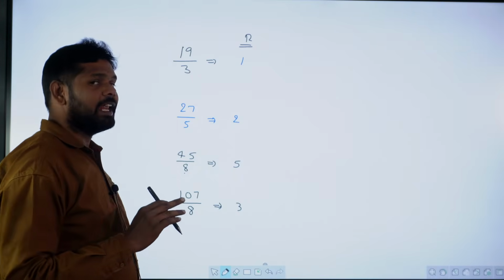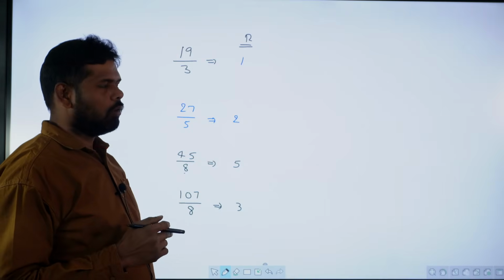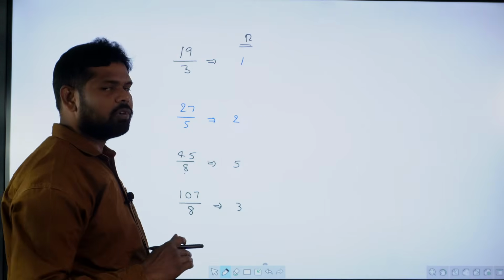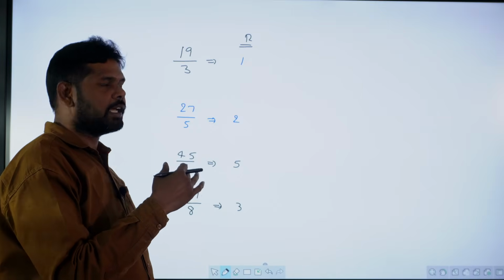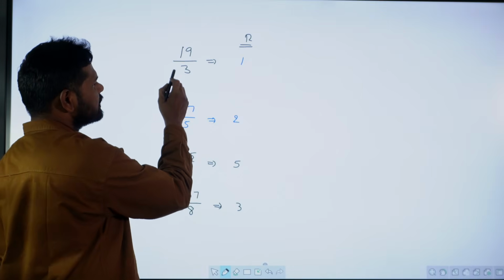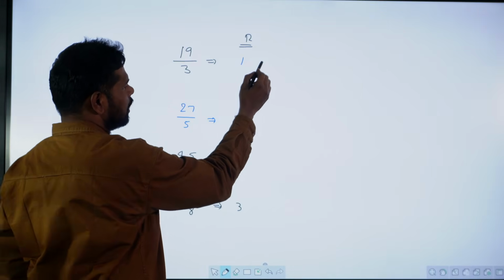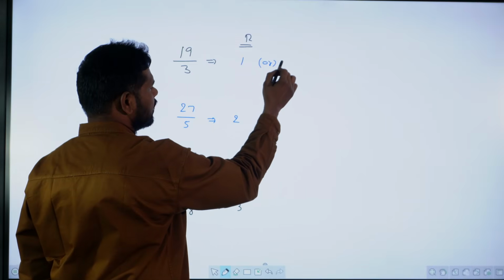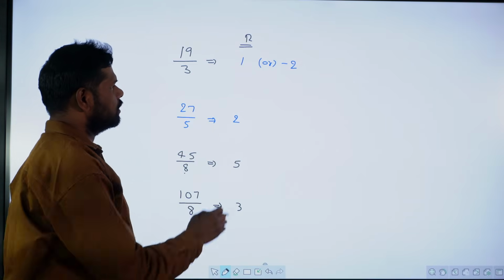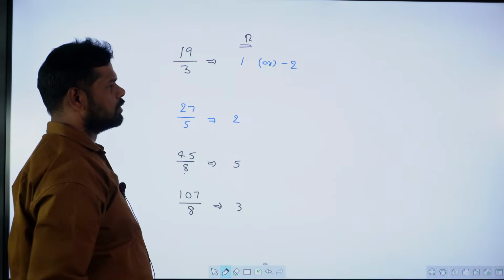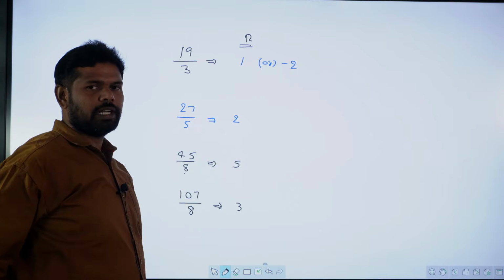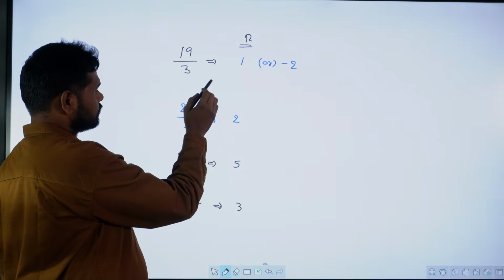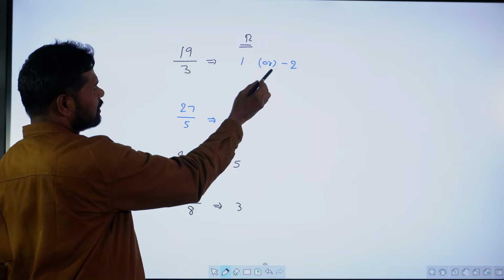Remainders in negative also. Why? In some problems, for easy calculation purposes, we consider the remainders as negative. 19 divided by 3 means plus 1, or it can be written as minus 2 also. 1 minus 3 is minus 2.